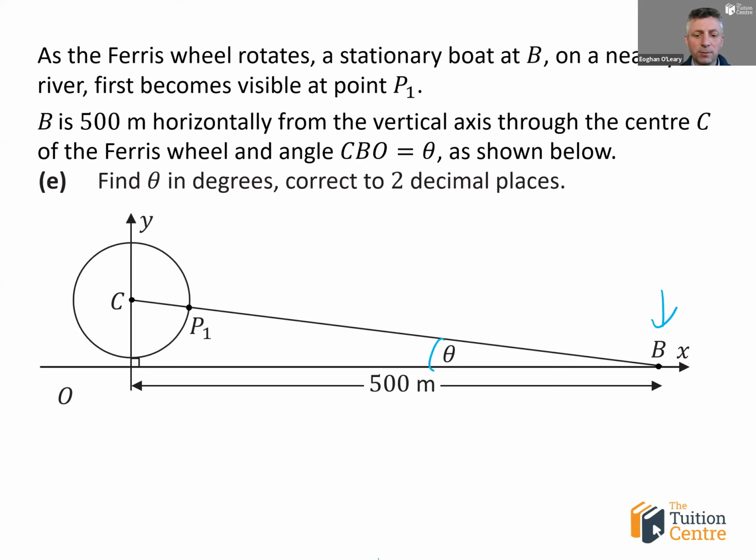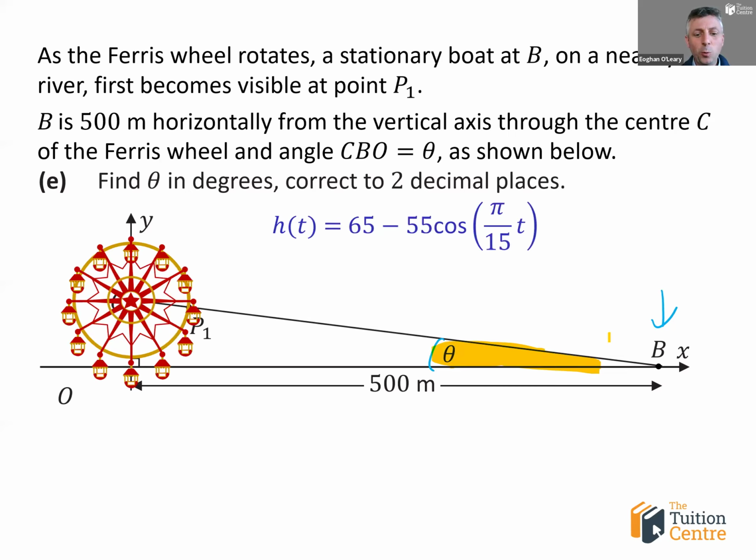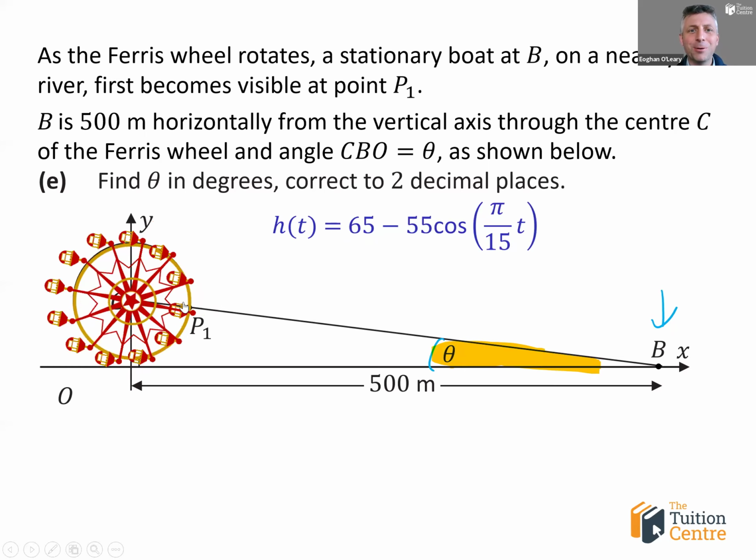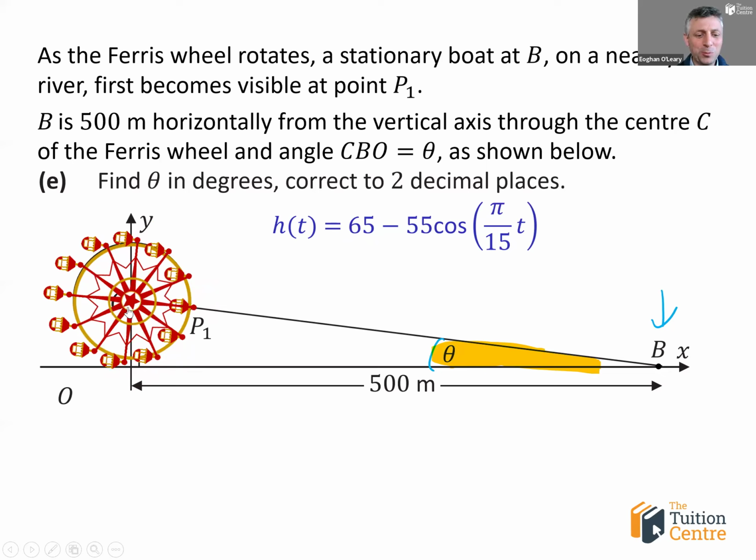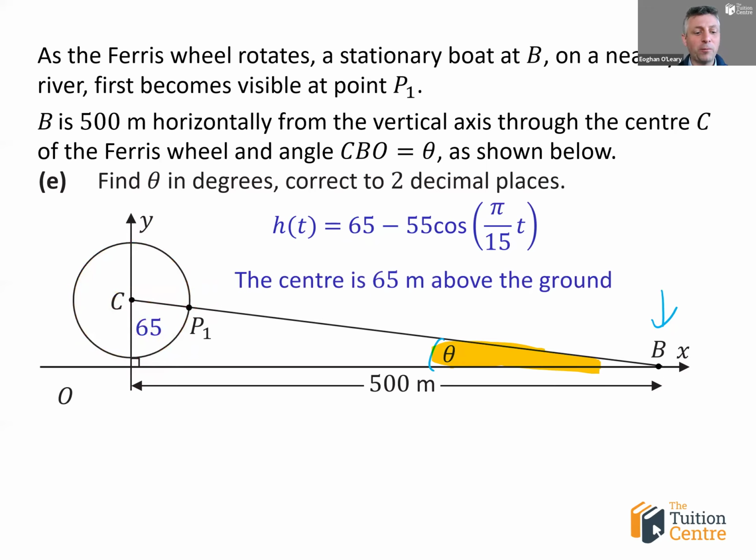Okay, let's have a look. With the kind of question as it's gone so far, you might think this is going to be a tough question to find theta. However, we actually have the information we need to do it relatively easily. It's to do with a Ferris wheel question, but once we strip that away, we can use that to help us figure out how high C is above the ground.